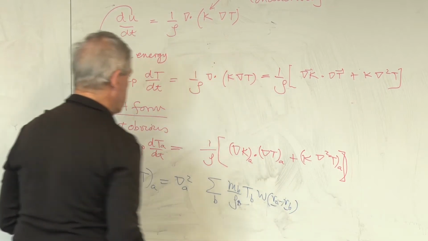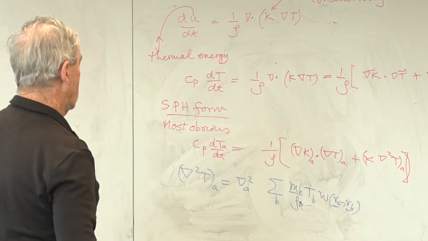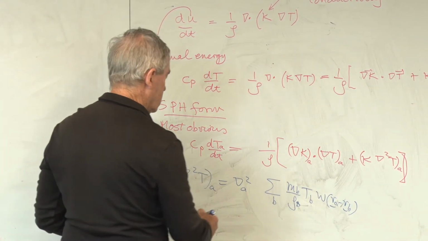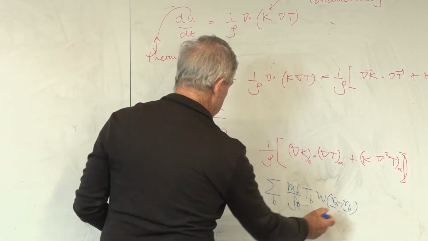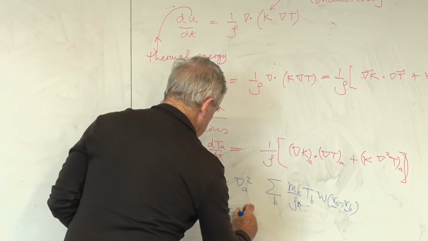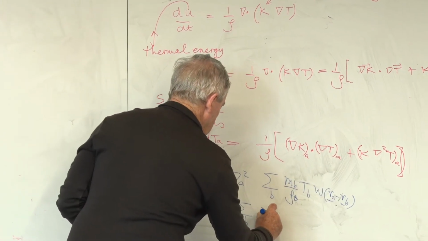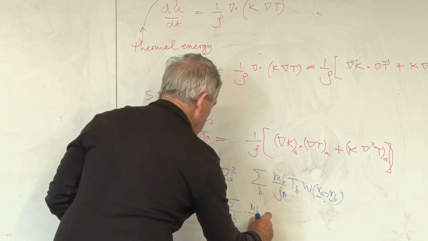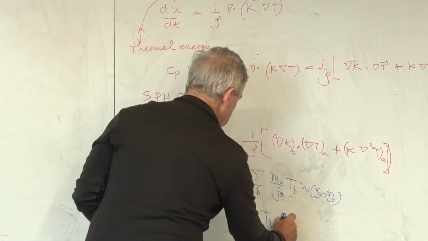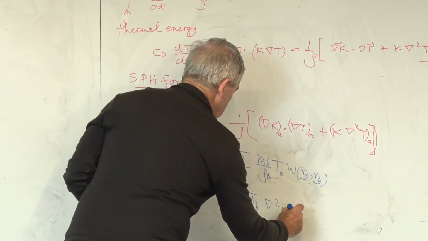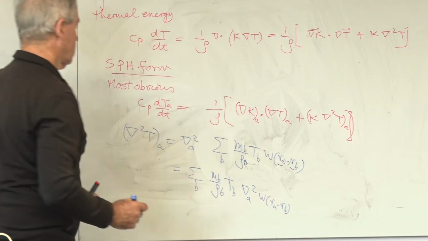Often in this I'll take derivatives with respect to r because I'll leave an r in there, but in the end I will often have an R_a. So I want a second derivative of this. Now where are the coordinates of particle A? They live in here. So I can actually just put this through. T_b isn't involved with this derivative and have del squared of the kernel. Well, that's simple. I'll do it with respect to the coordinates of particle A.